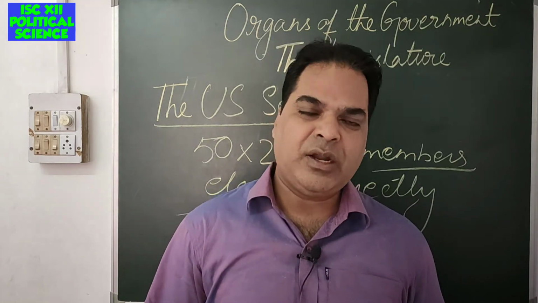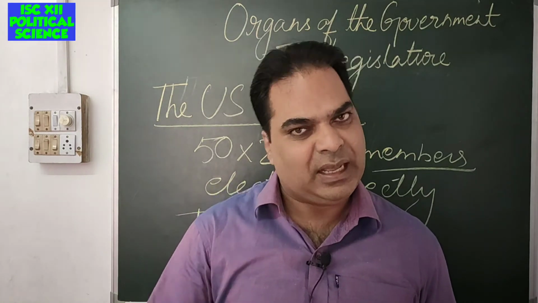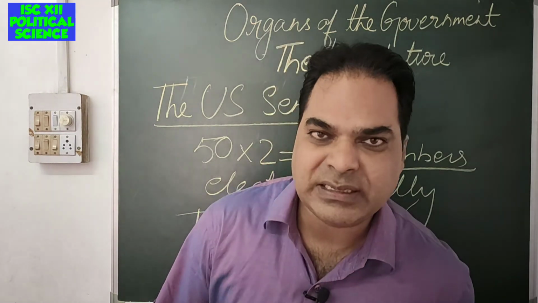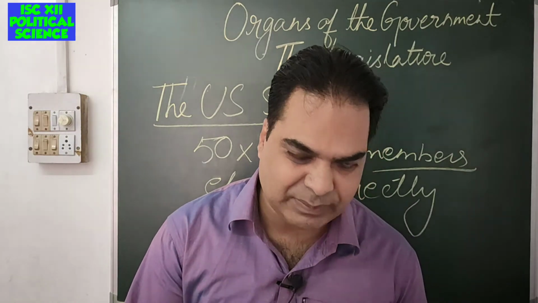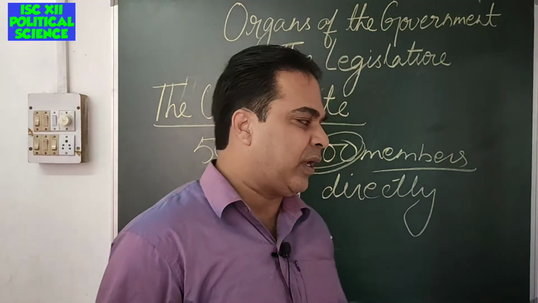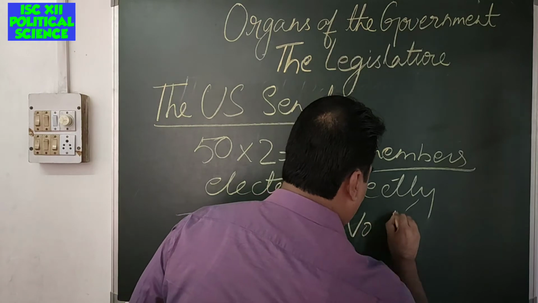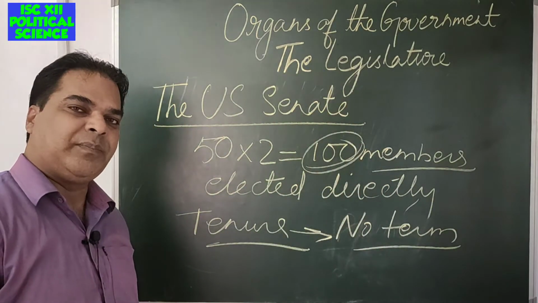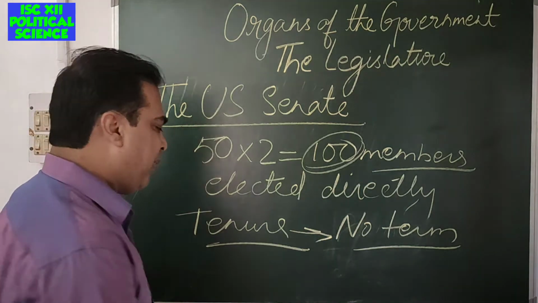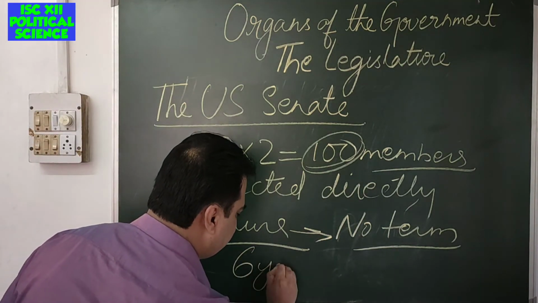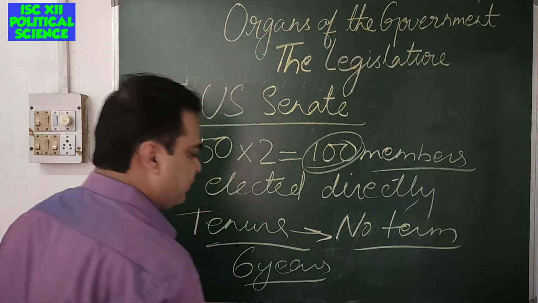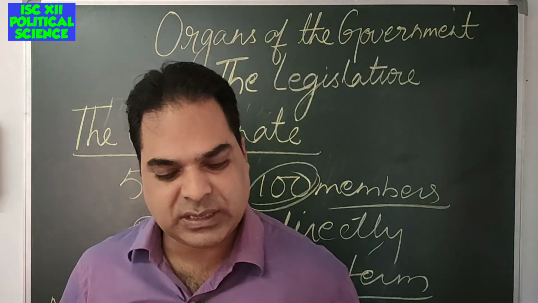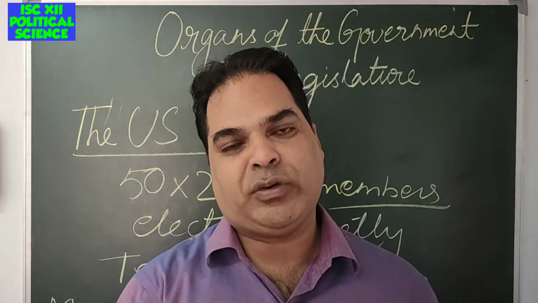Every second year, 1/3 of the members retire and new members come in. So accordingly, the member has a term of how many years? 6 years. The house has no term, so it is a permanent house, but the member has a term of 6 years. The term of the members of the Senate is 6 years, so it is similar to the Rajya Sabha.